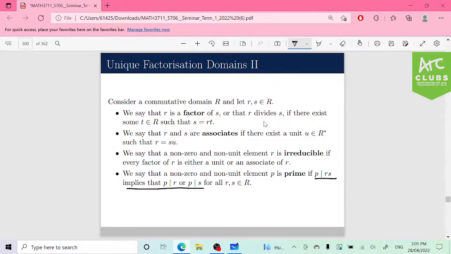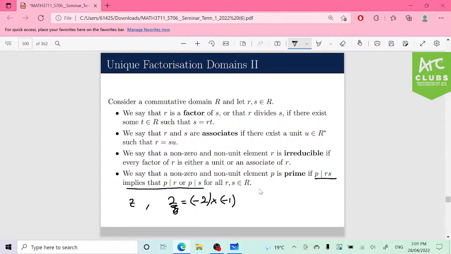And then we say that a non-zero and non-unit element P is prime if this property holds. So if we look at the normal factorization of the integers, 2 can be written as minus 2 times minus 1. It might seem like this is irreducible, but it turns out that minus 2 is actually an associate of 2, because we can express it as some element times a unit.